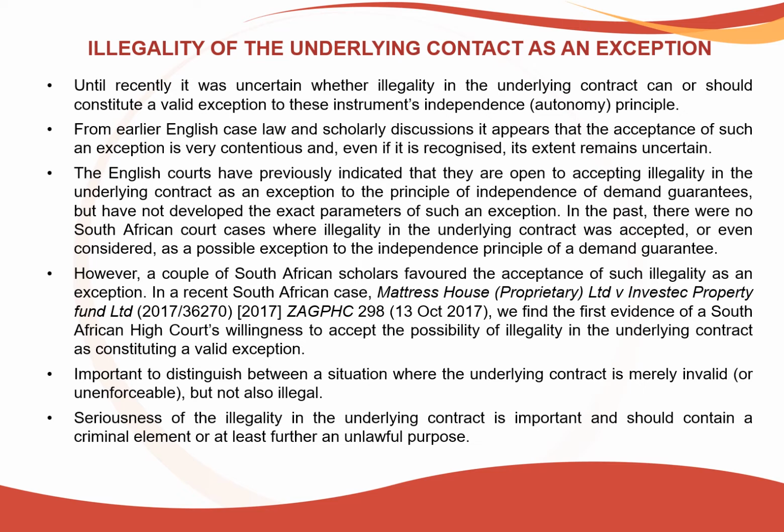Illegal underlying contracts may constitute an exception to the autonomy principle. Now, a problematic situation arises where it is not the demand guarantee or letter of credit itself that is illegal, contrary to public policy or good morals, but rather the underlying contract, for example, the sale of illegal ammunition or the sale of drugs, or to enable drug trafficking or money laundering, if that is the underlying contract.